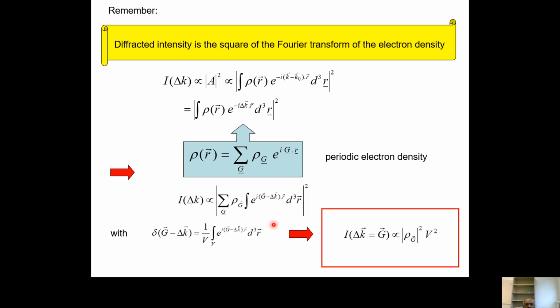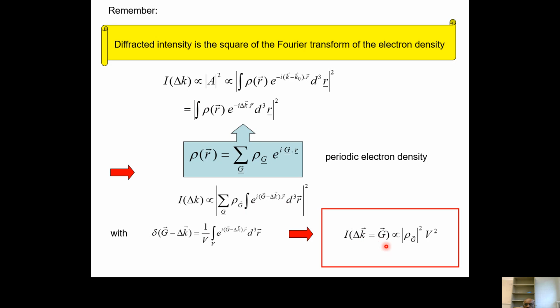Then your I becomes simply rho G times, and this d cubed r is basically the volume, so you get the volume squared. You can easily do this integral. So what happens here? You get the total intensity when your delta K is the same as your G. Delta K is K minus K0, the difference between your incoming and outgoing wave vectors.